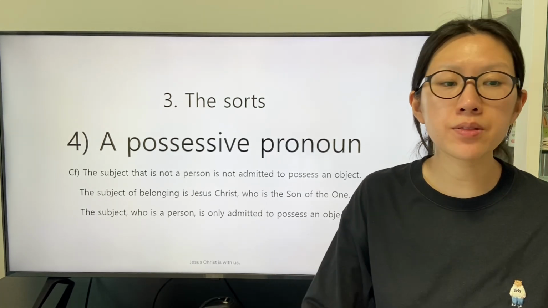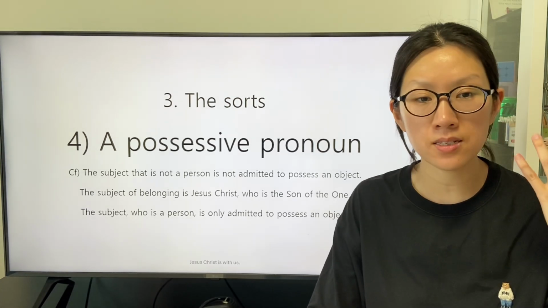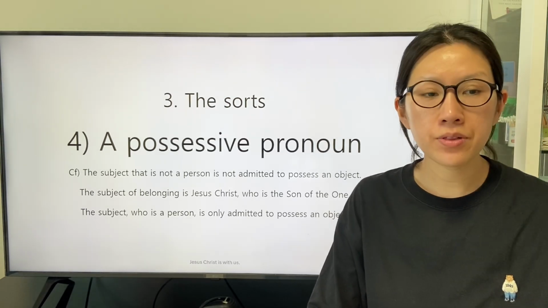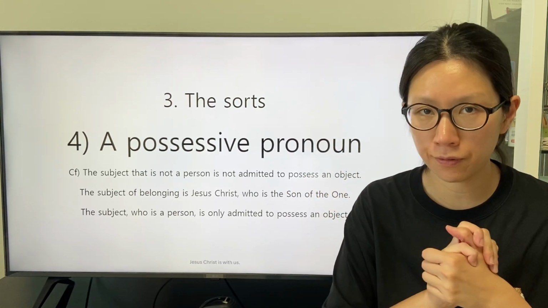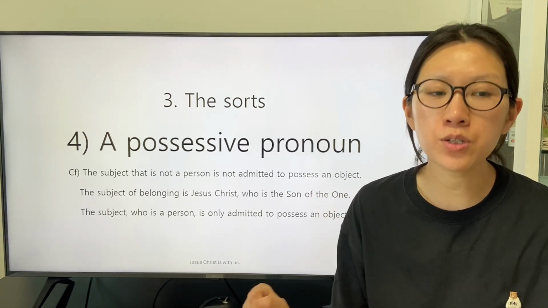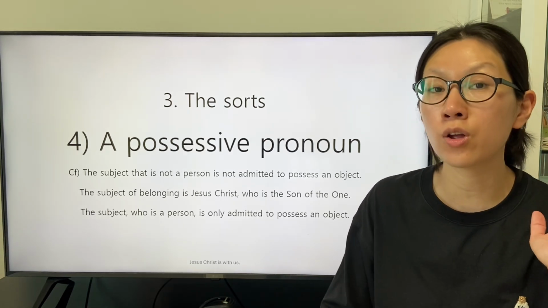The subject that is not a person is not admitted to possess an object. The subject of belonging is Jesus Christ, who is the Son of the One. The subject, who is a person, is only admitted to possess an object.